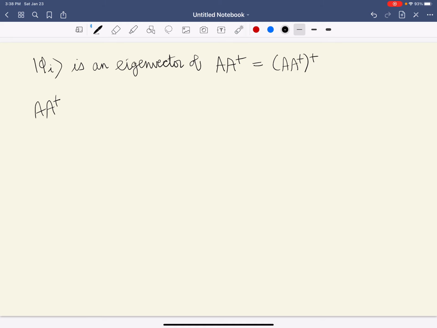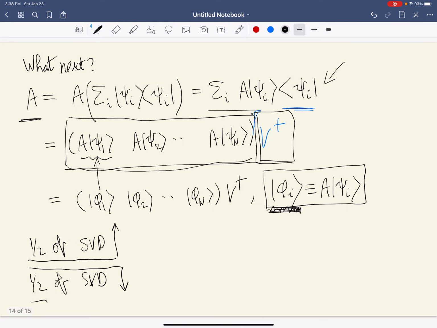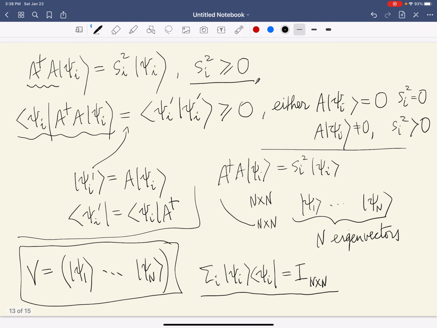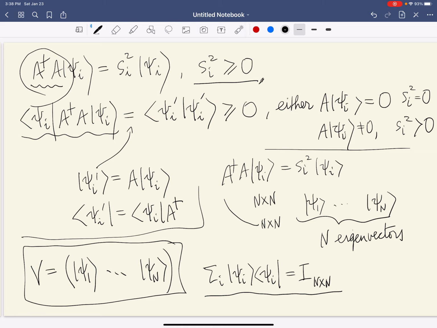So when you have a non-Hermitian matrix A, there are two ways of making a Hermitian matrix out of it: either by making A dagger A or by making A A dagger. We already used the eigenvectors of A dagger A to construct a whole bunch of eigenvectors.